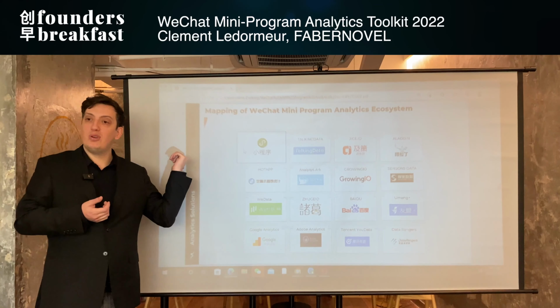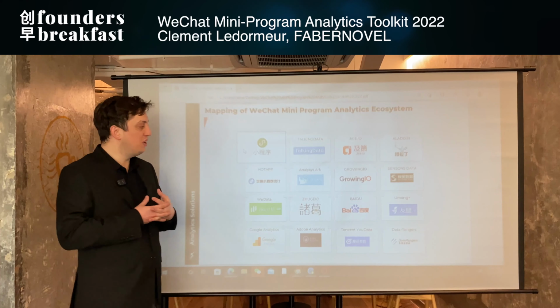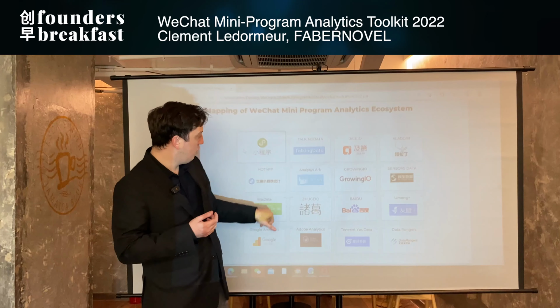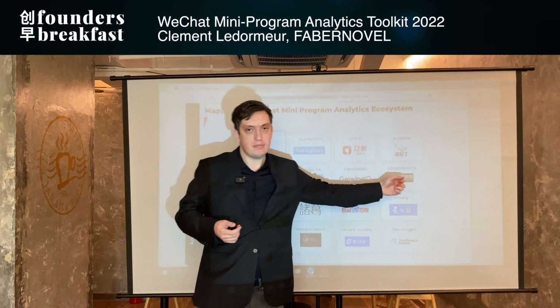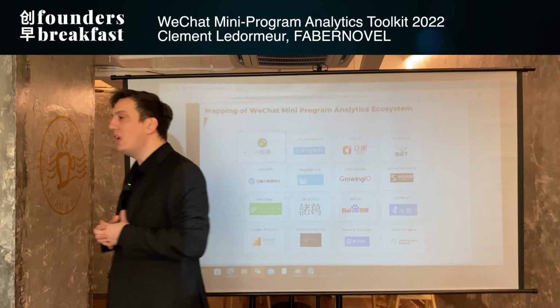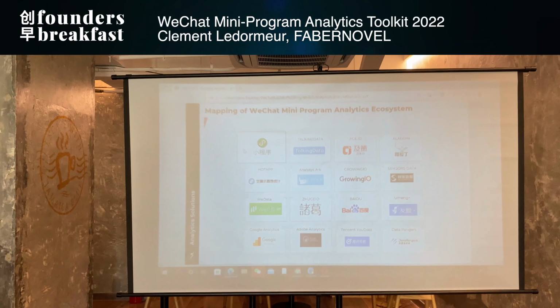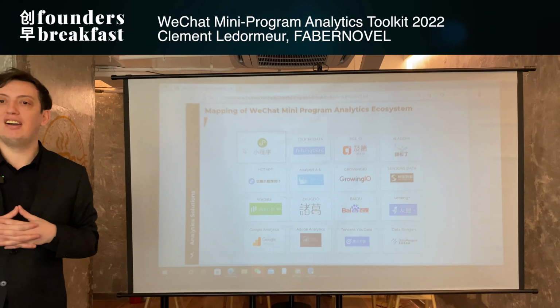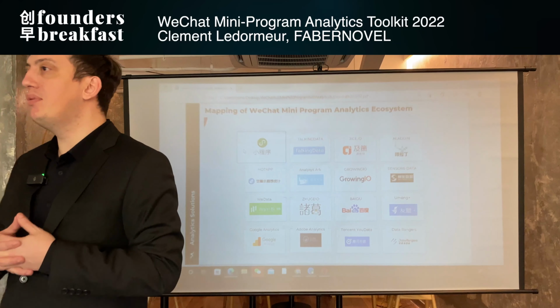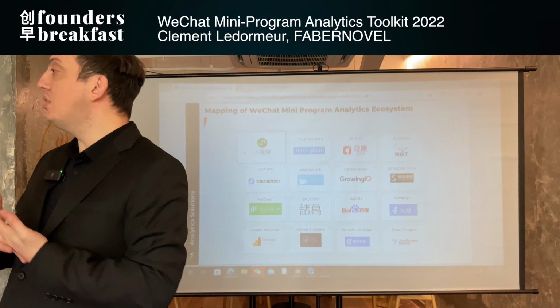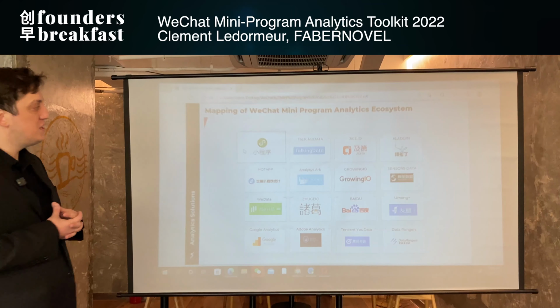If we look at the big groups, they're using another one, which is here. This one is more likely between 15,000 and 20,000 per month. So it's a cost. Paying 20,000 RMB for a local analytics solution is still a cost. But there are plenty of them.